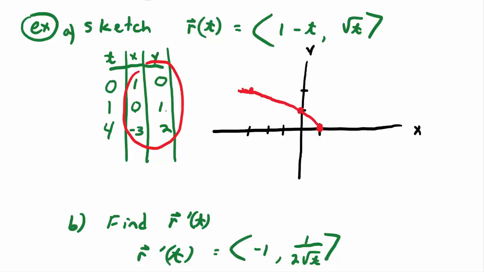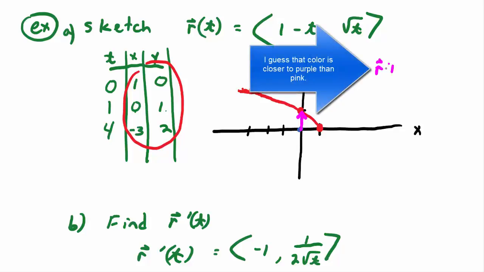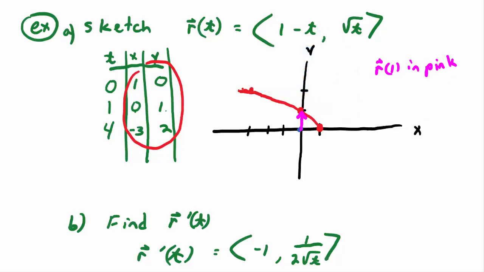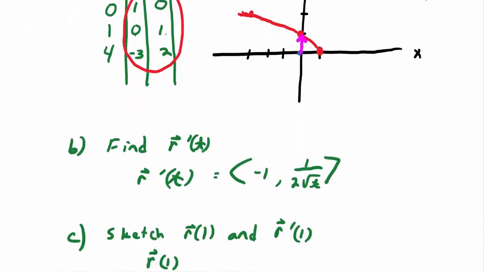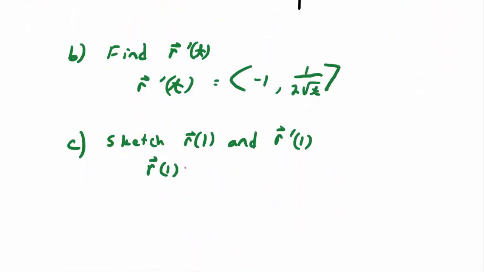But when you graph the vector, it goes straight up like that. Maybe I should do pink so it'll show up better. You guys see that? So that pink vector is r of 1. Make sense? That's the vector 0, 1, right?